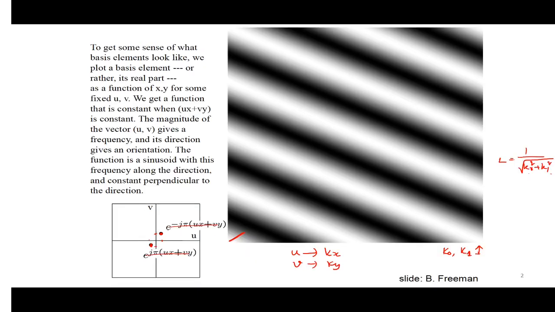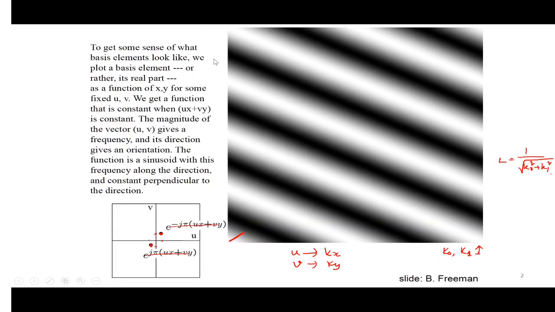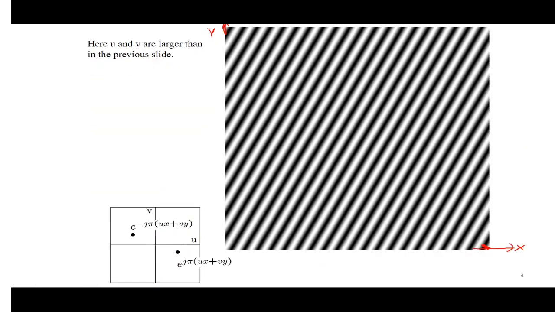Now you could also see from these two figures, which you could plot yourself by varying k naught and k1 values. Let's say this is your x value here and y value here. You could do it yourself for fixed values of k naught and k1. Now another thing is the orientation getting changed, you could observe here.